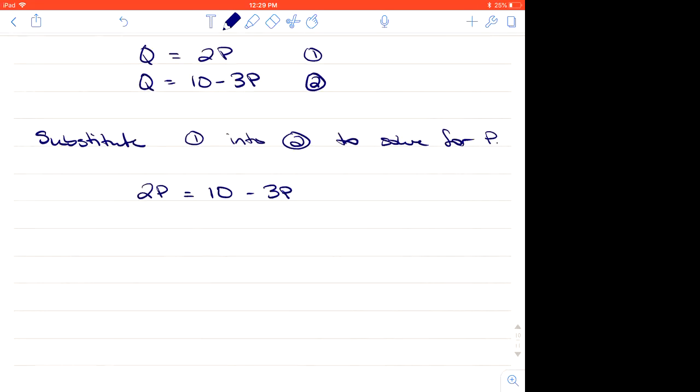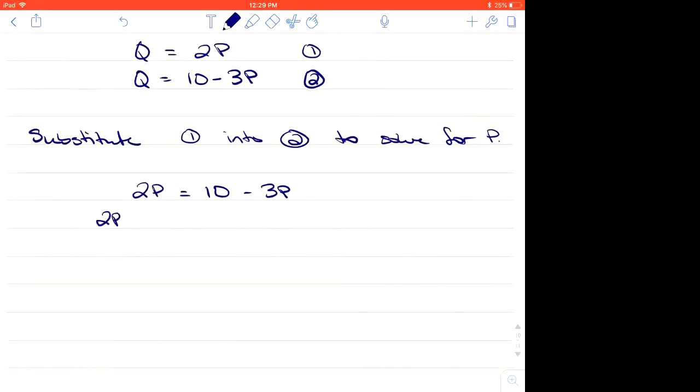Solving for P, we want to collect like terms, so we want to get our P's on one side and all our numbers on the other side. I like to add stuff, I don't like negatives too much. So I'm going to move my negative 3P over to the left-hand side by adding 3P to both sides.